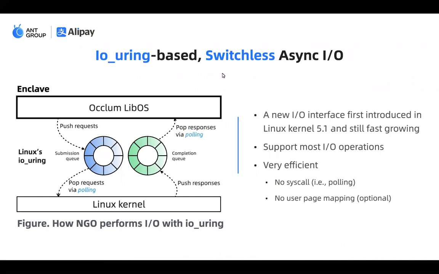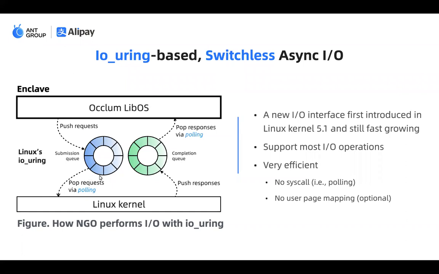The idea of the IO ring is that a Linux application like Occlum can submit requests to the Linux kernel by just pushing requests into a shared ring buffer, and the Linux kernel will use a kernel thread to pull these requests.